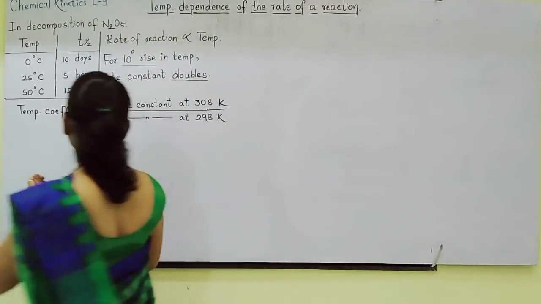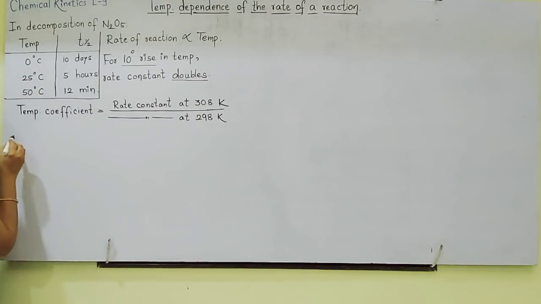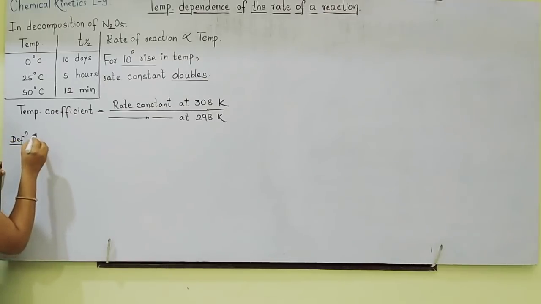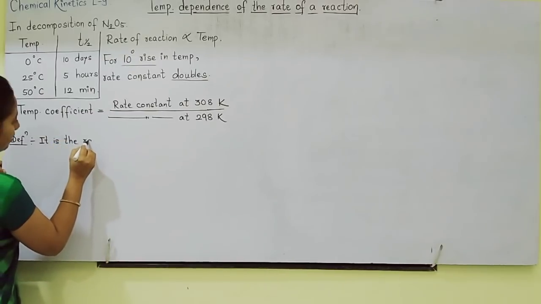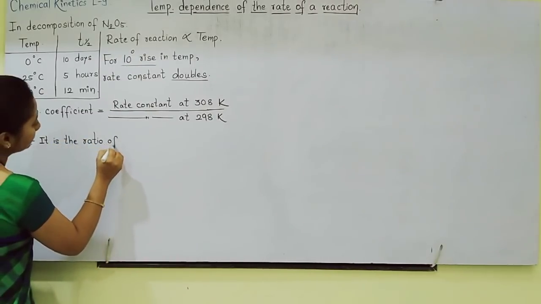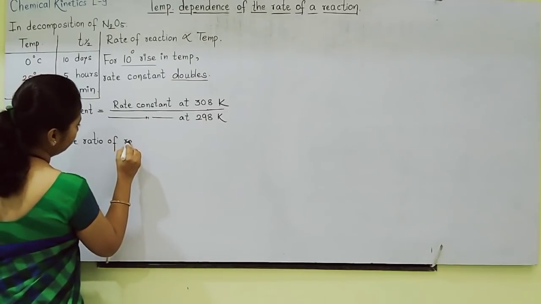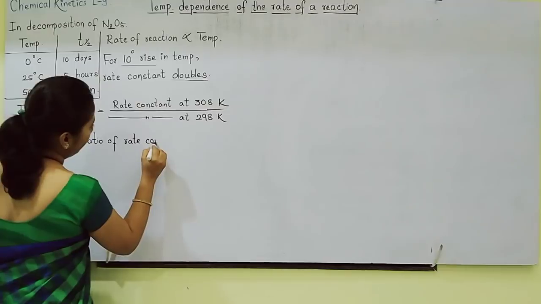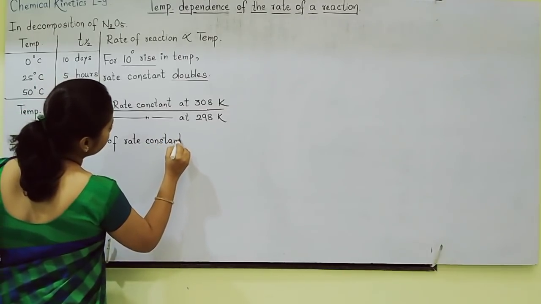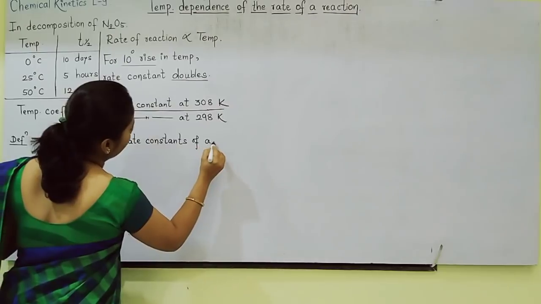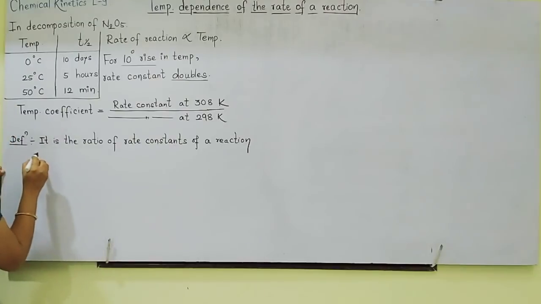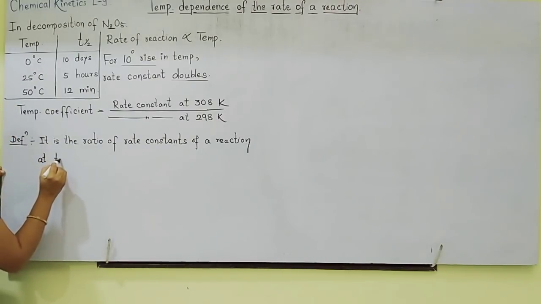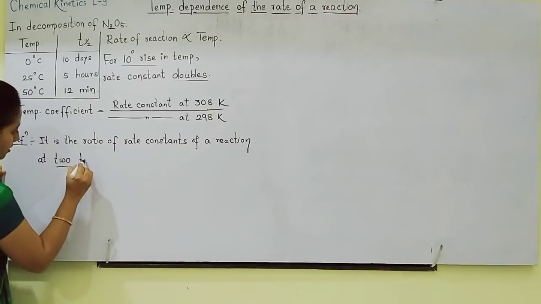Okay, so let us write the definition of temperature coefficient. It is the ratio of rate constants of a reaction at two temperatures.